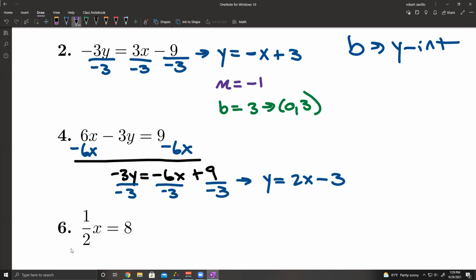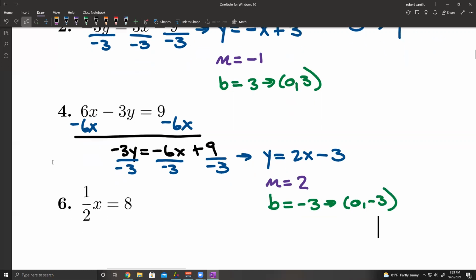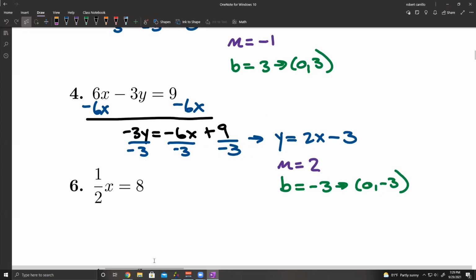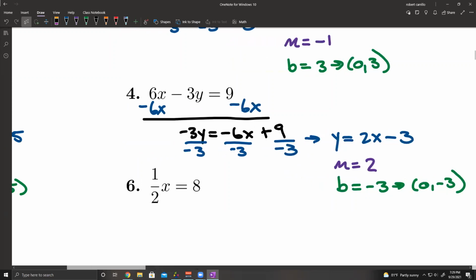And what is my slope? 2. What is my y-intercept? Negative 3. There you go. Excellent. All good?